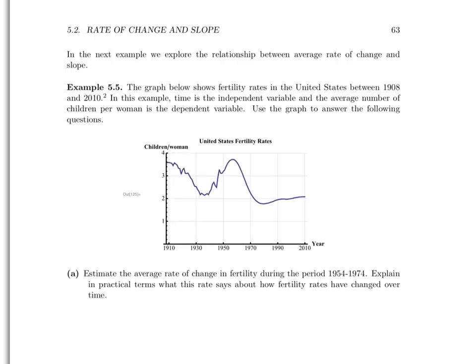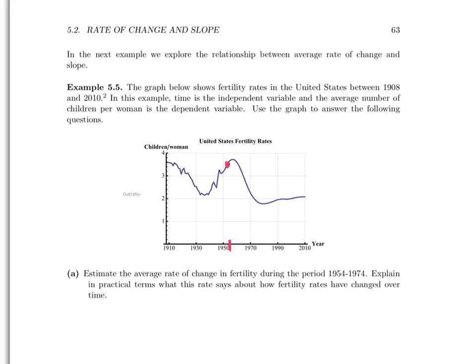We are interested in what's happening in the period from 1954 to 1974. So let's look at the year 1954 first. 1954 would be approximately right here. And if I go from 1954 up to the graph, it hits the graph approximately at that point.